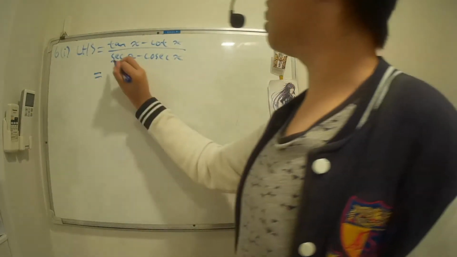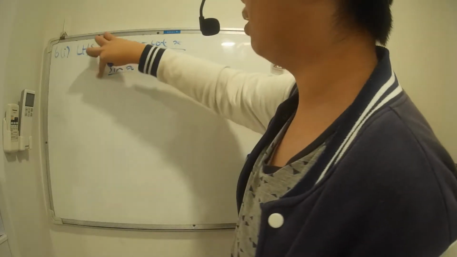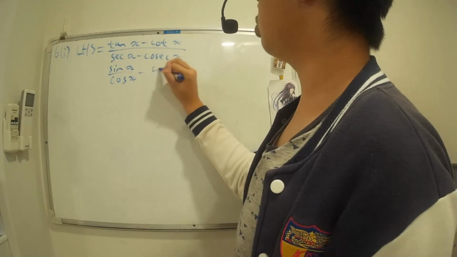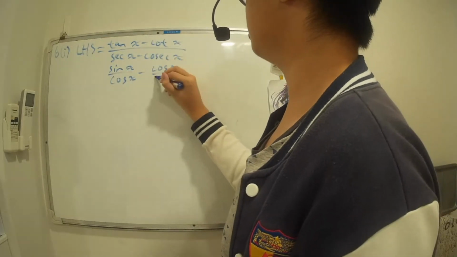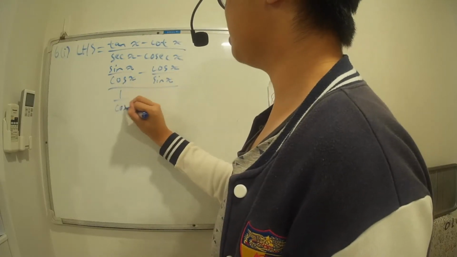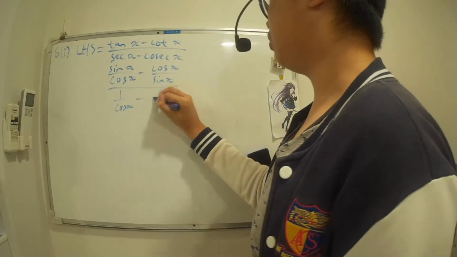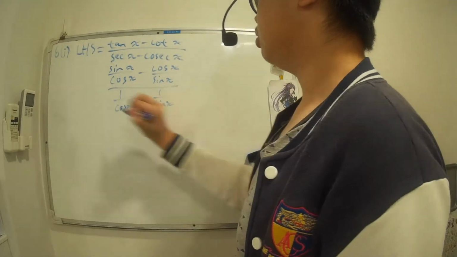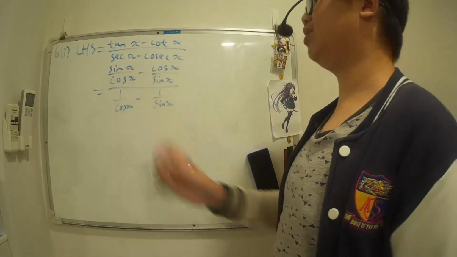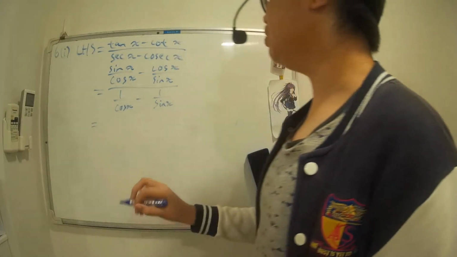So I'll have sine x over cosine x minus cosine x over sine x, over 1 over cosine x minus 1 over sine x. Of course, I'm going to try to bring them together, but notice that their denominators are the same, so I can cancel them out later on. So let's see what happens.